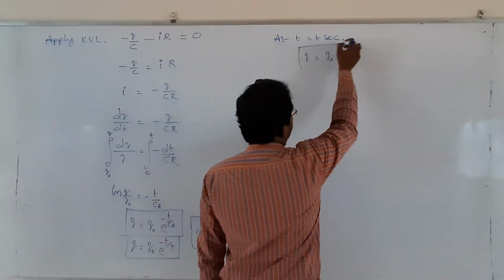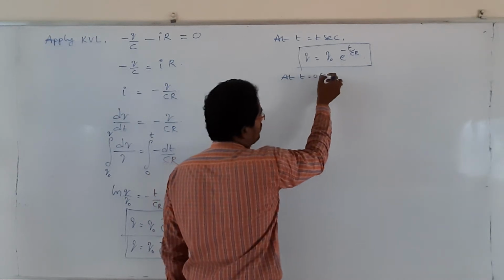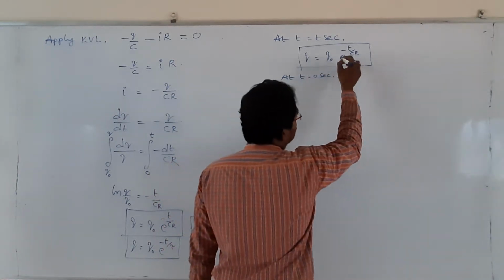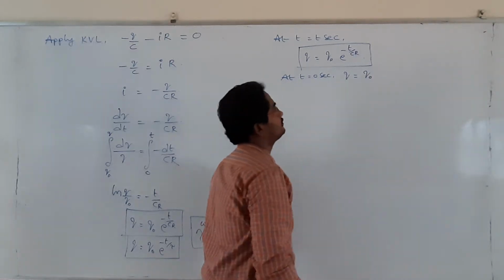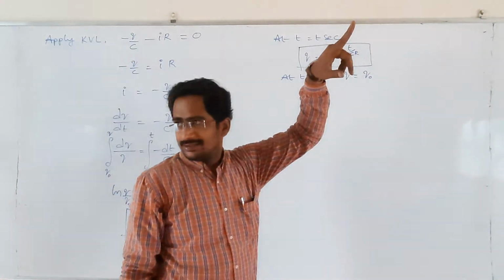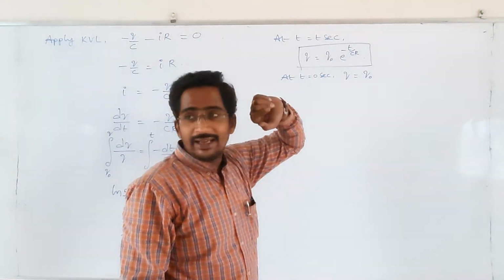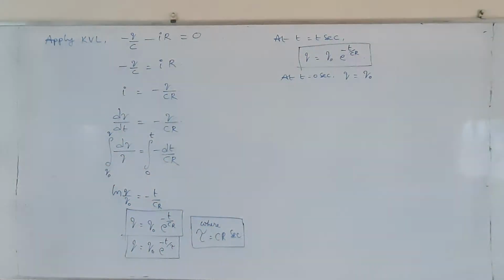At the time of 0th second, what is the charge value? Q naught into e power minus 0, which means 1, so we get q naught.